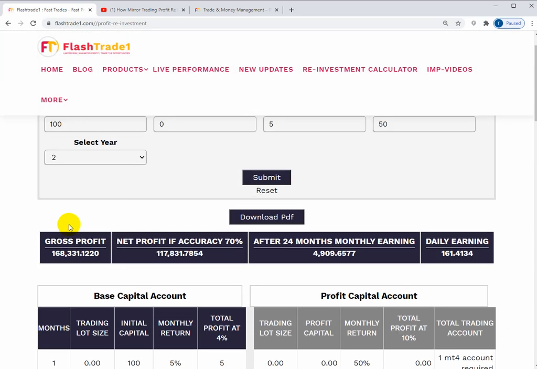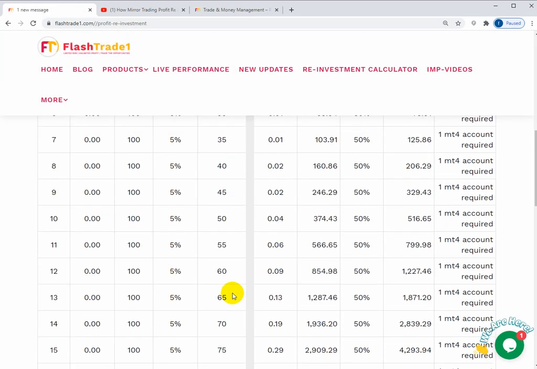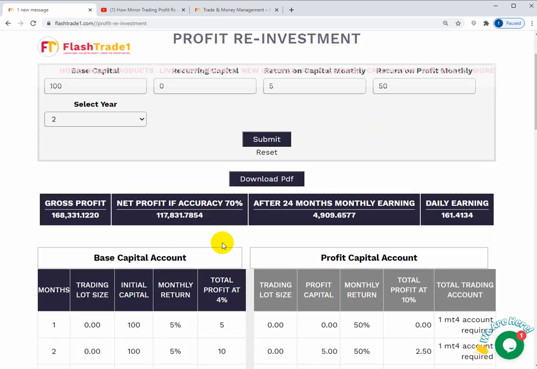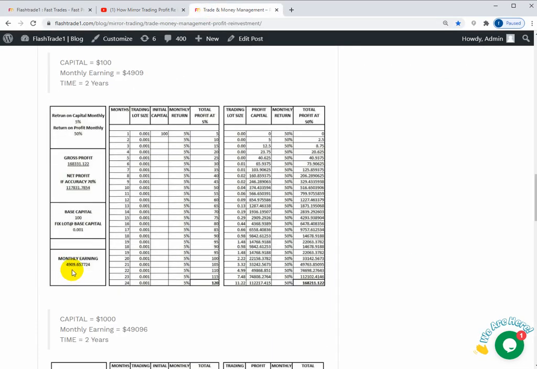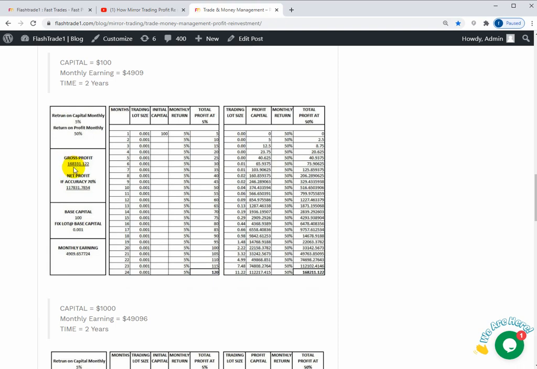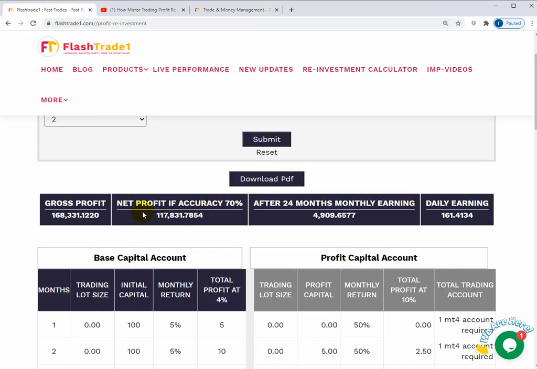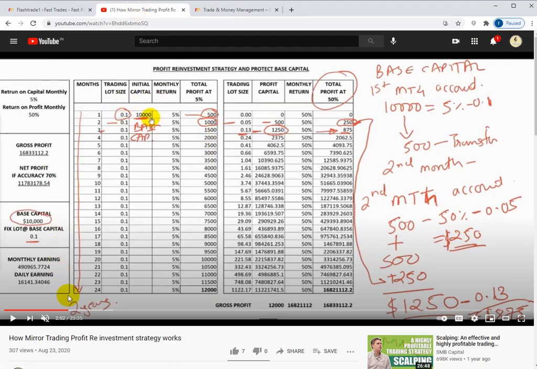You can see that the entire calculation has been displayed, as well as the results, where the gross profit on the account is 168,331. Net profit, with an accuracy of 70%, because here we have counted all months in profit, but in the forex market getting consistent profit in all months is not possible.